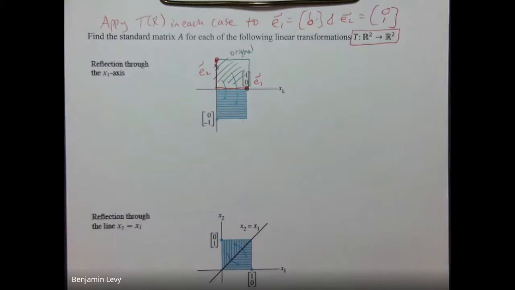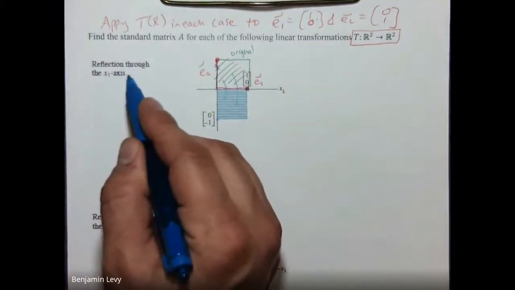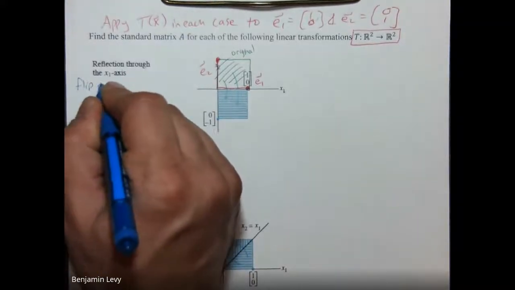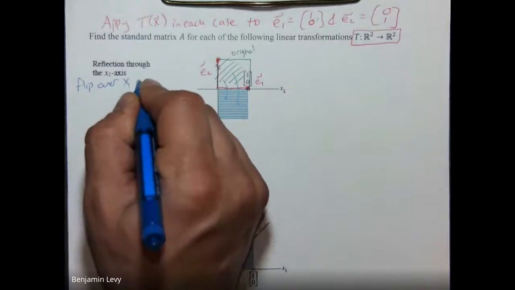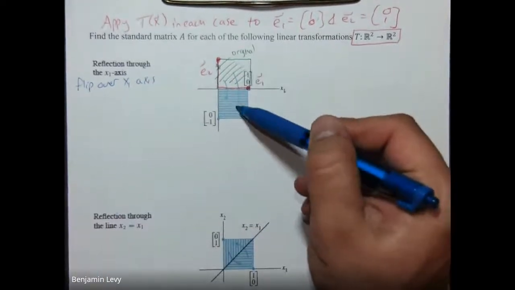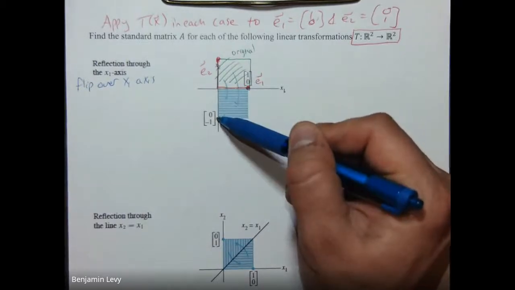Right, so what this transformation is doing in words, let me just write this down, it's reflecting through the x1 axis. And so it's flipping over the x1 axis. And so when you flip this way, the x1 values don't change, but the x2 values become negative.